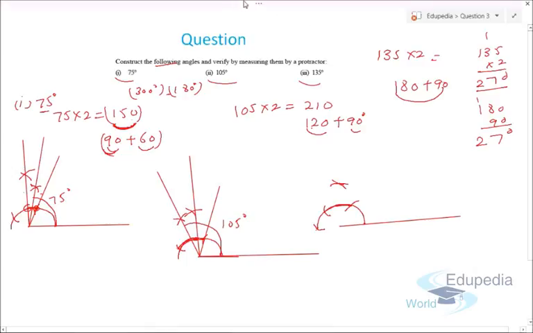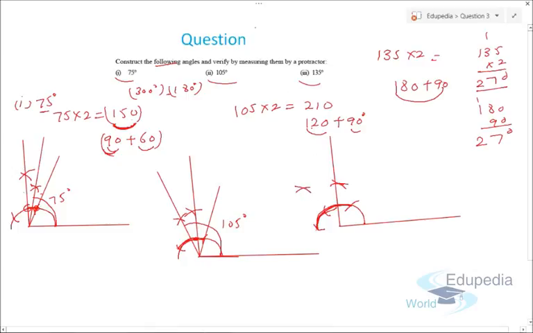Then we need to pass a point from here like this. So this is 90-degree. Then we need to bisect 90 and 180. So we need to open measure of this much arc of length, right? So from here we mark one point like this, and from this point we mark one point like this.